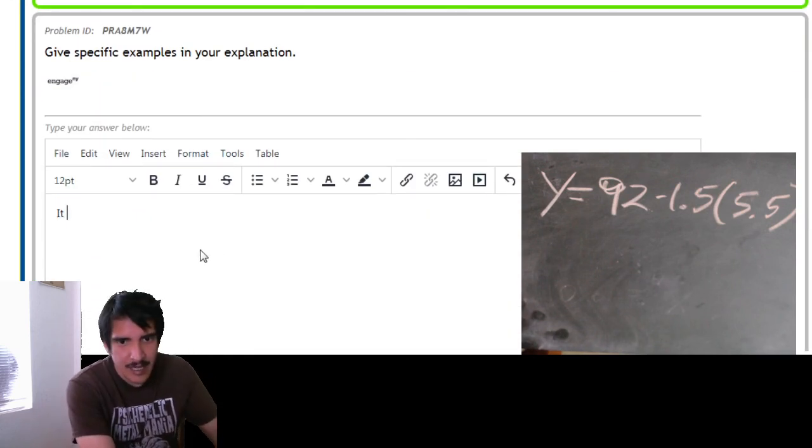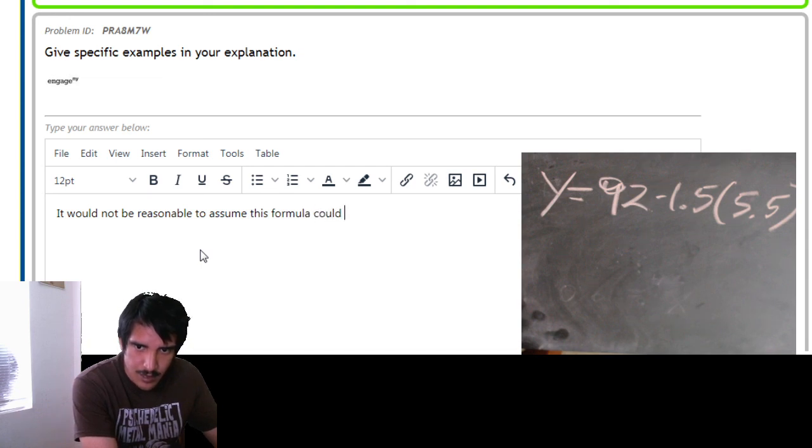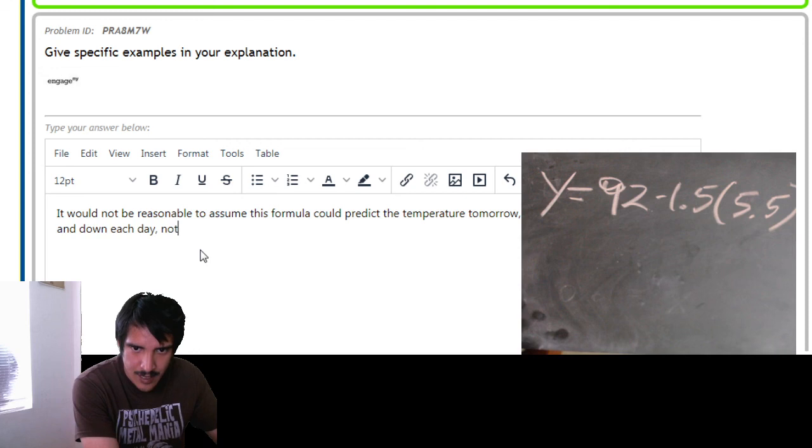I'm going to say it would not be reasonable to assume this formula could predict the temperature tomorrow. It would not be reasonable because temperatures go up and down each day, not just down like the formula indicates.